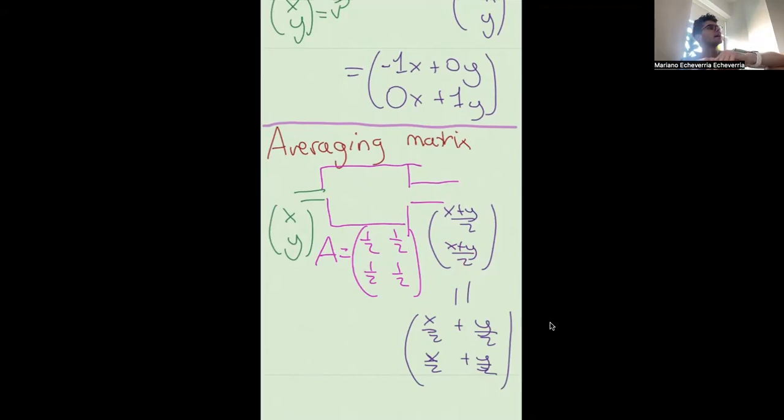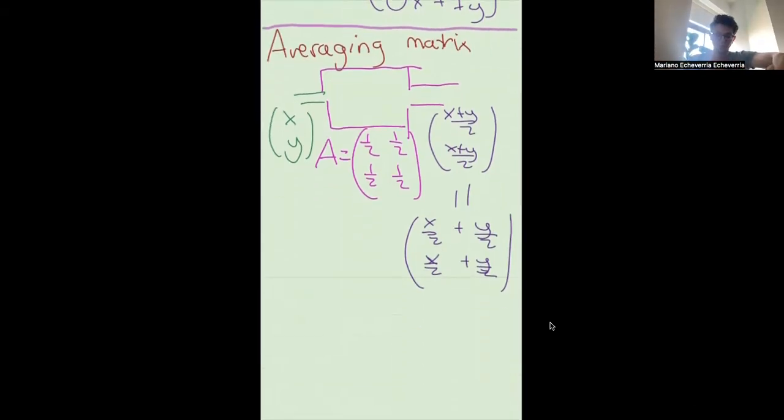This is obviously a very small example, but maybe you can imagine, if you had more data points or more measurements, you want to take the average of them and then store that into some sort of vector, and using this averaging matrix is one way to do it. So I'm just saying the matrices are useful because they produce interesting vectors out of ones that you knew before. That's what makes the matrix a powerful tool.